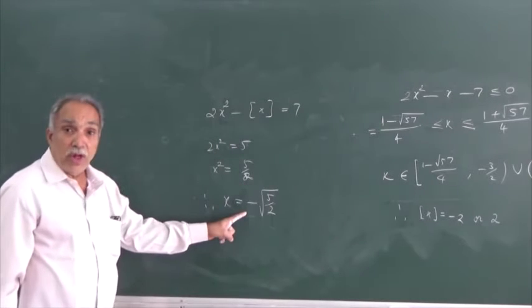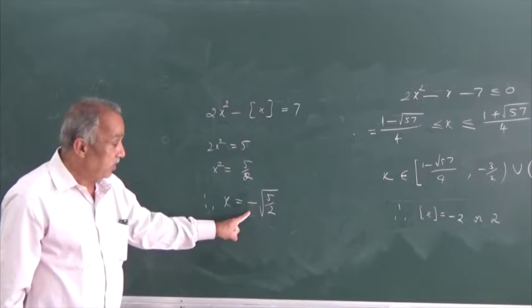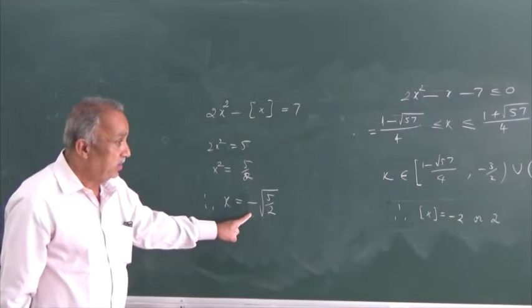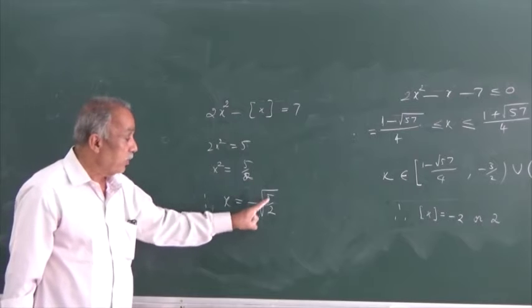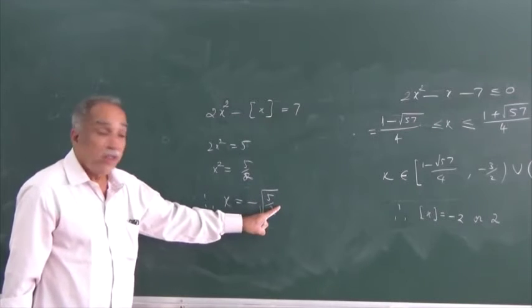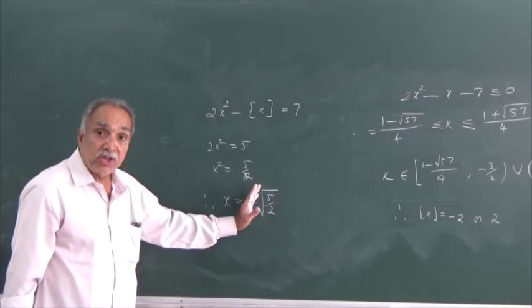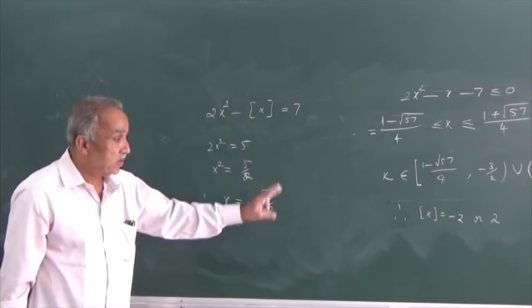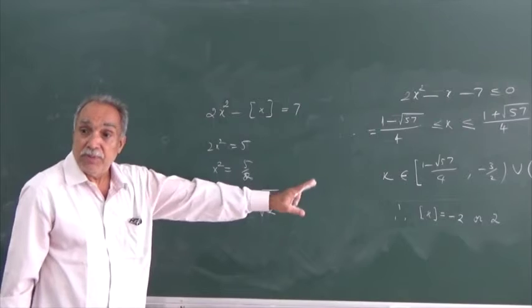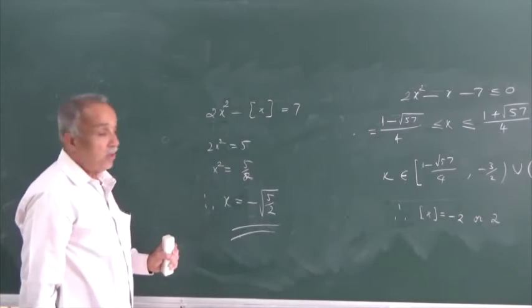The value you have obtained here, is it a number with integer part equal to minus 2 as desired? Yes, 5 by 2 is 2.5, root of that will be 1 point something, and the x value will be minus 1 point something. Yes, indeed, its integer part will be minus 2. This is one of the solutions of the equation.